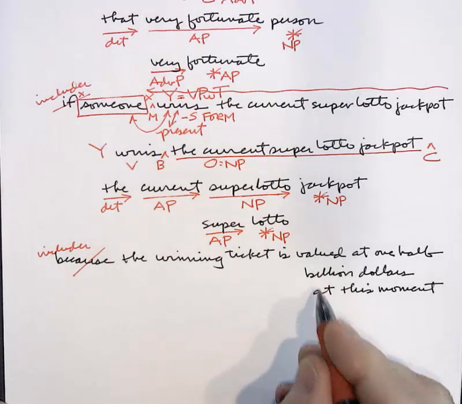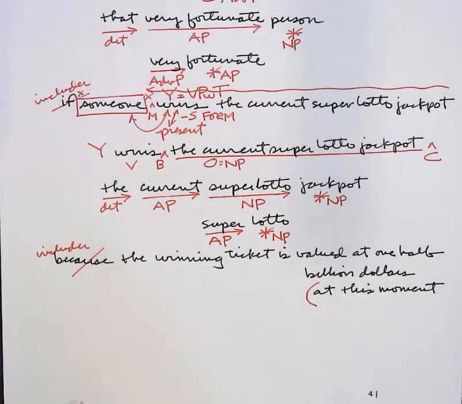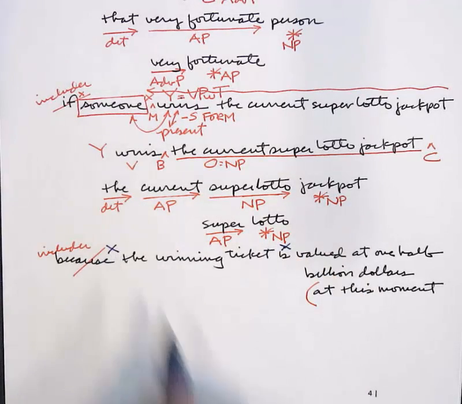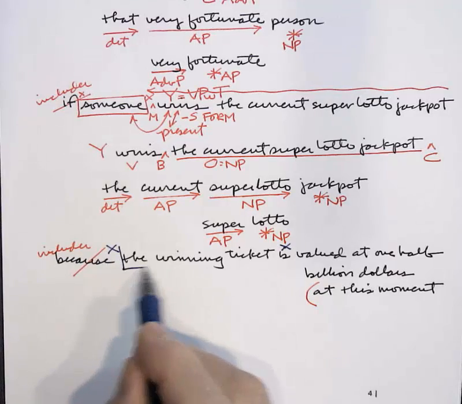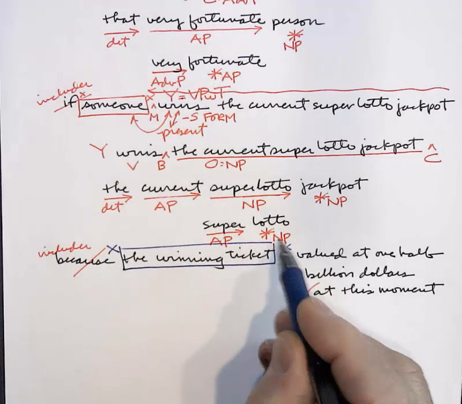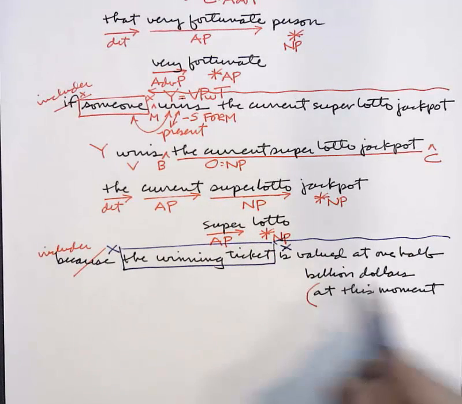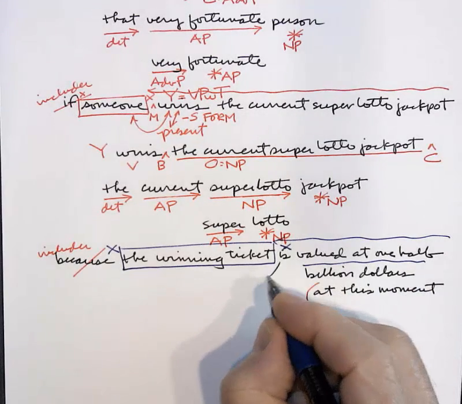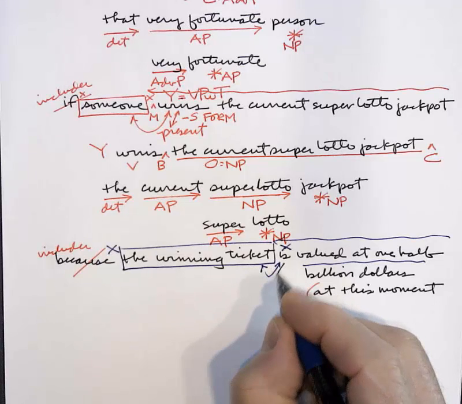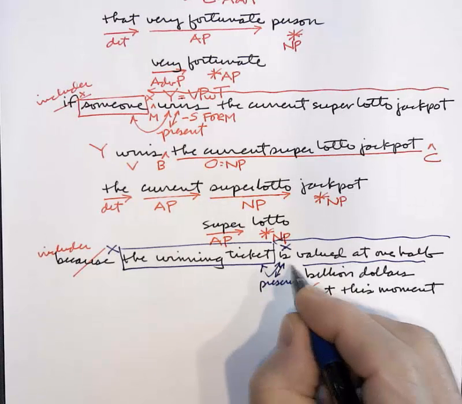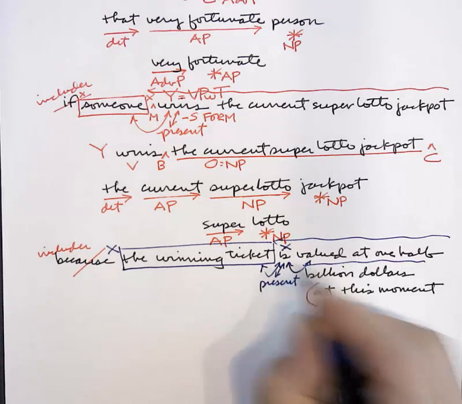So we'll start with the shifters at this moment, and let me change colors here. X word is the winning ticket, so the winning ticket is the subject. The predicate is valued at half a billion, and is ties with the subject, is ties with the present, and is ties with valued.